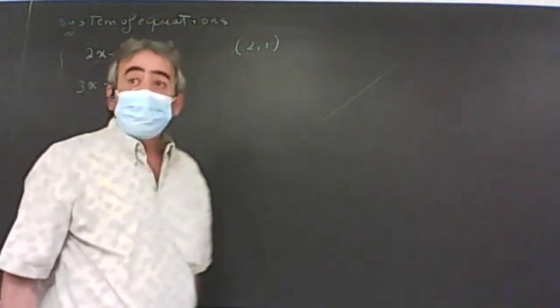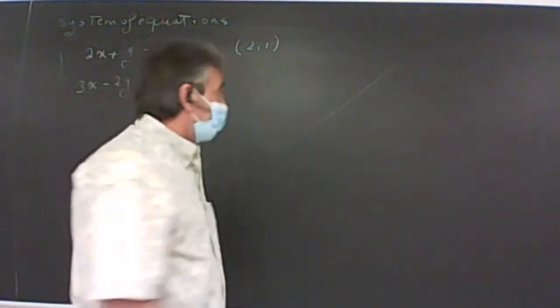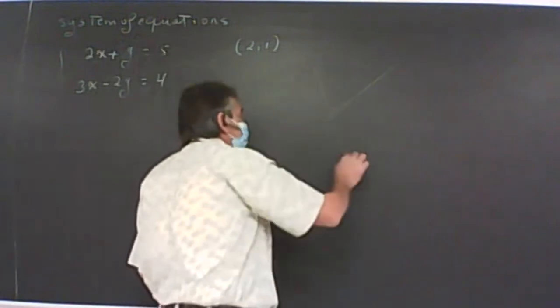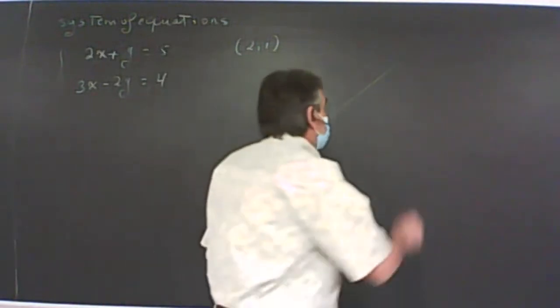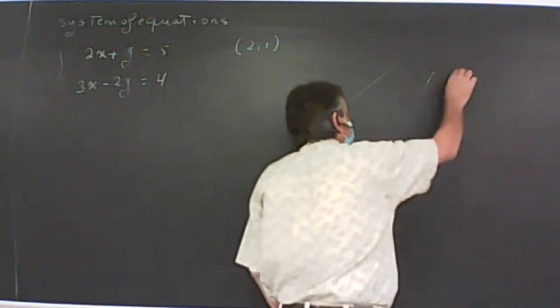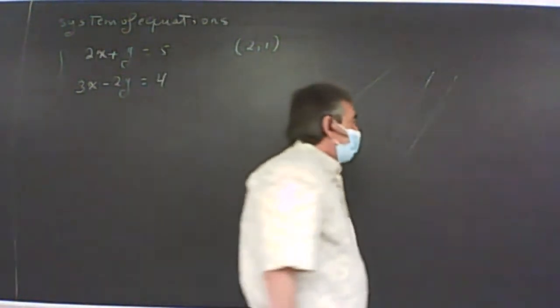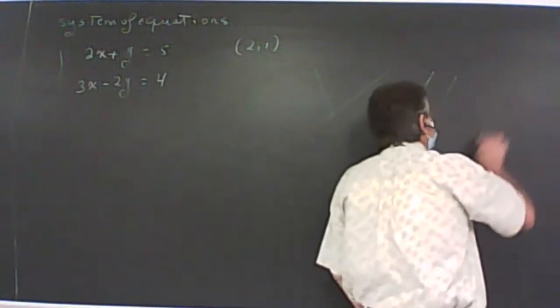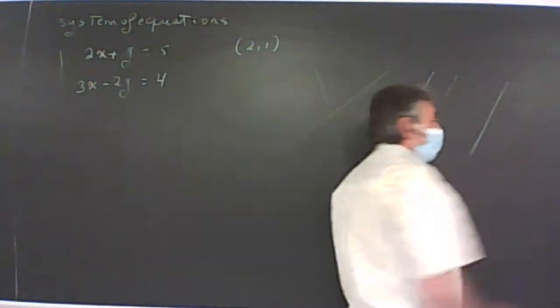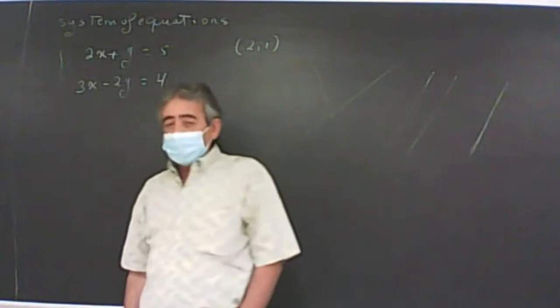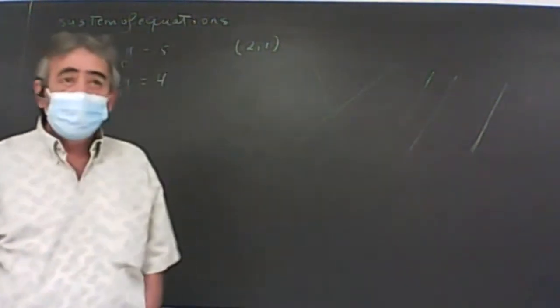When we have another line with it, those lines can intersect. Those lines can be parallel, or those two lines can coincide with one another. In other words, both of these lines will be simply one line.